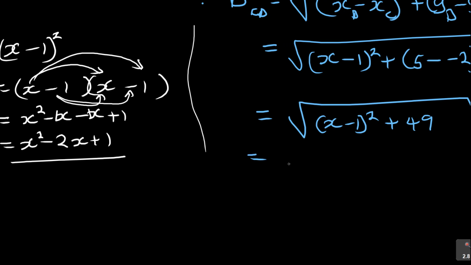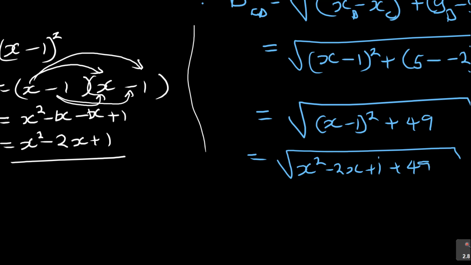That's what I'm going to put here, equal to the square root of x squared minus 2x plus 1 plus 49. You don't need to put the bracket in here because you are adding.